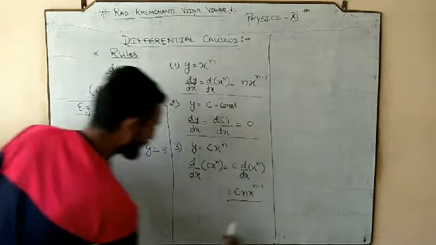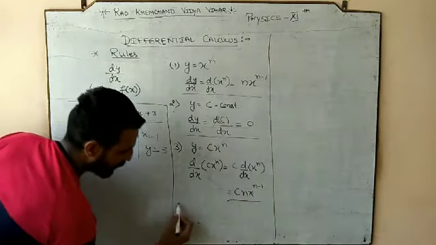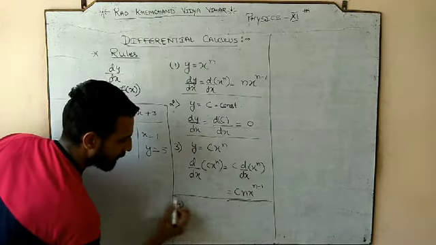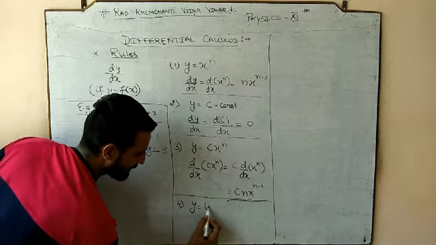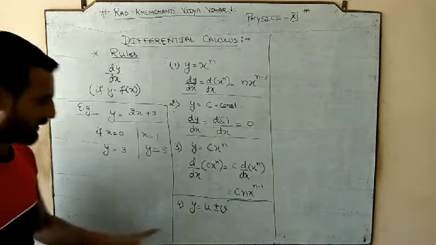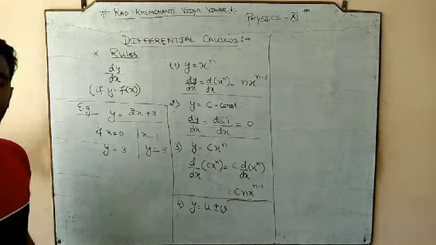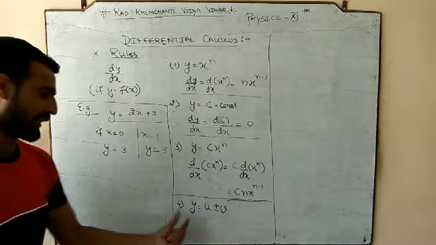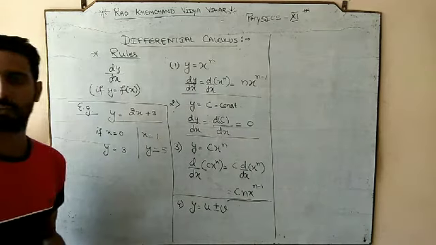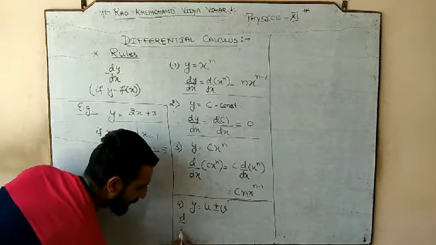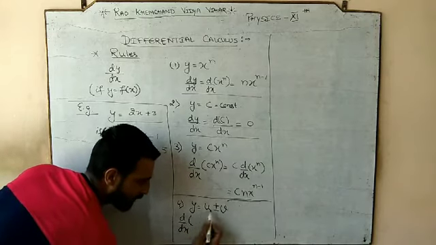Similarly, we are going to discuss rule number 4. If y is the sum or subtraction of two terms, y एक ऐसी चीज से बना है जिसमें दो terms या तो add हो रही हैं या subtract हो रही हैं. तो how to solve this? d by dx, what is the value of y?